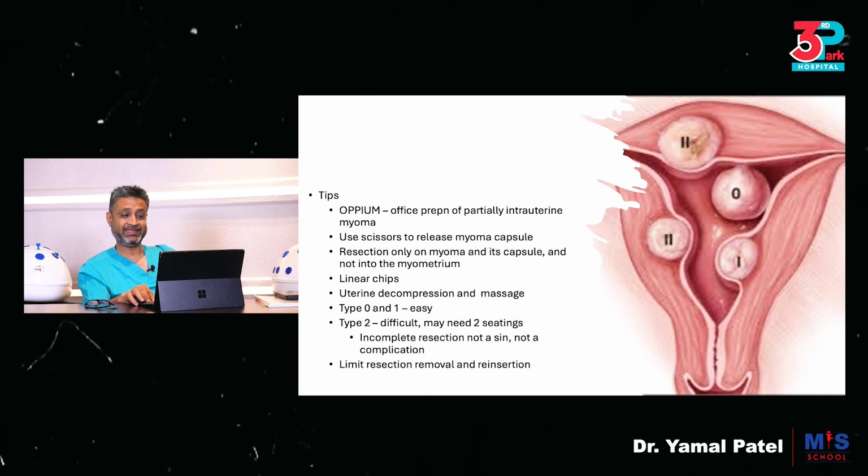Some of the tips from procedures of hysteroscopic myomectomy that I have done would be: one, yes, I have used the opium technique sometimes to prepare partially intrauterine myoma type 1s and 2s by excising the capsule around it and leaving it.